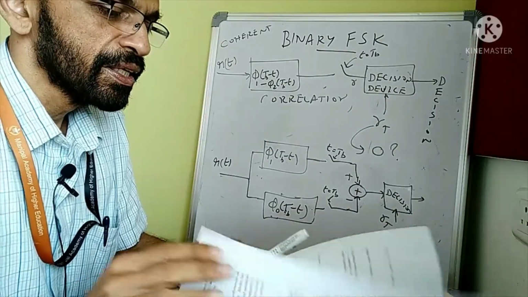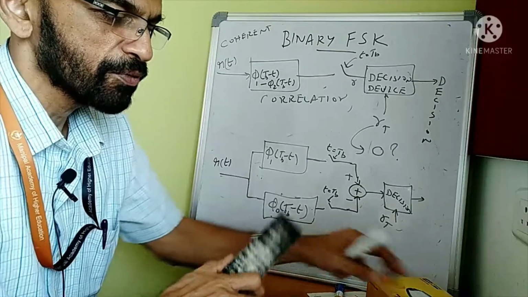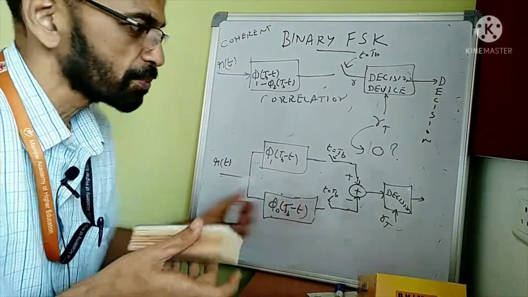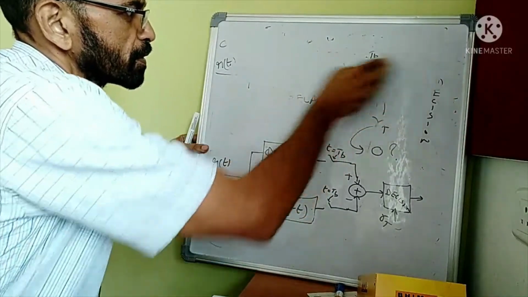And finally, we have to arrive at the performance. We have to write the expression for the error performance. What is the probability of error?